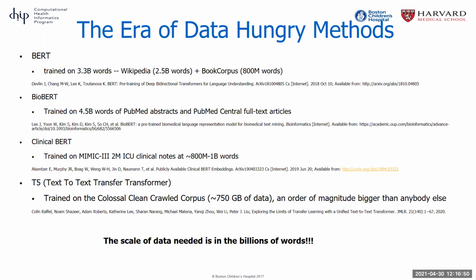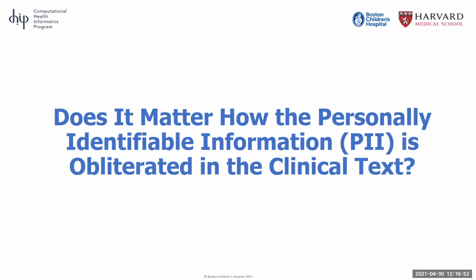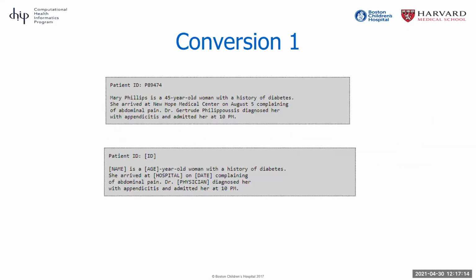So the question is, how do we get the data? All of us are experiencing, to various degrees, struggles of getting data. One of the venues to explore to obtain data is through de-identification of the clinical data, and then using that data to build models and potentially release the models.